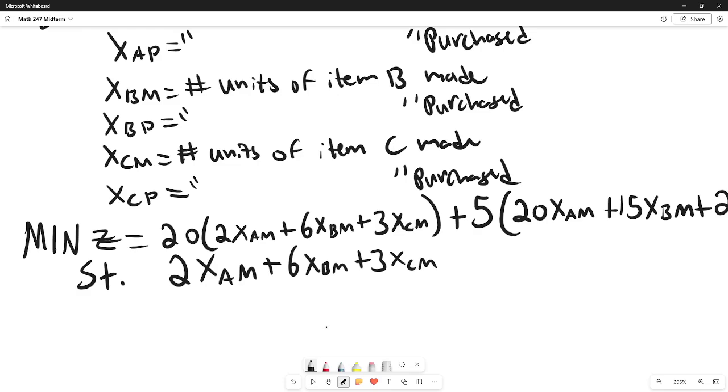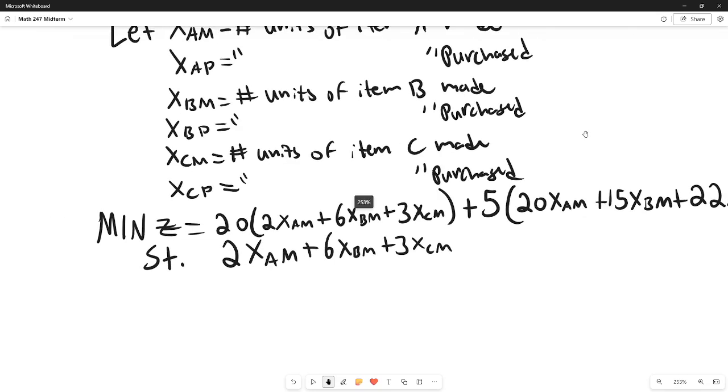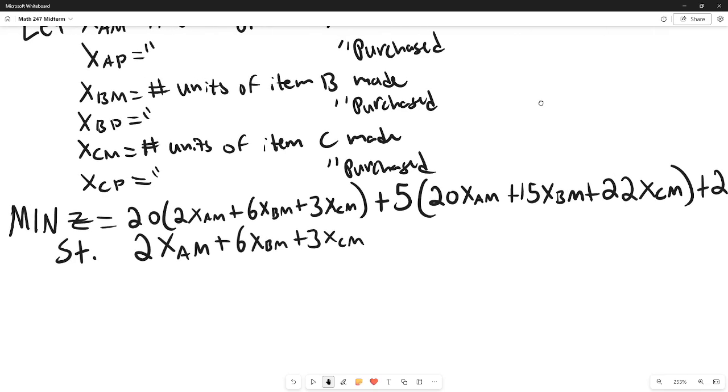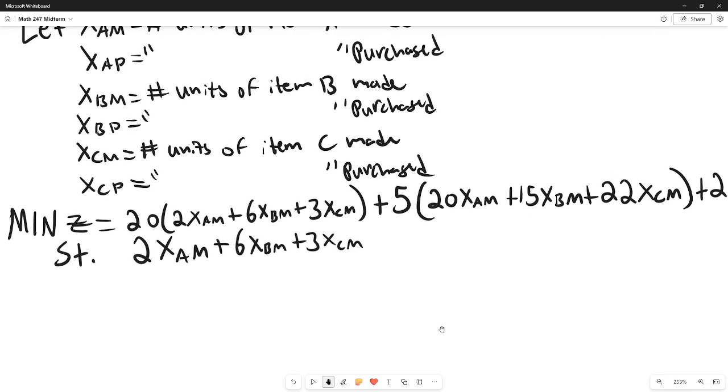Right? But remember, we're not using exactly all 4,000 hours that we have. It doesn't say that we're using exactly 4,000. So it's going to be less than or equal to 4,000 hours.